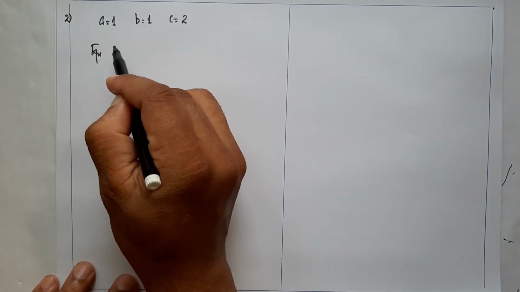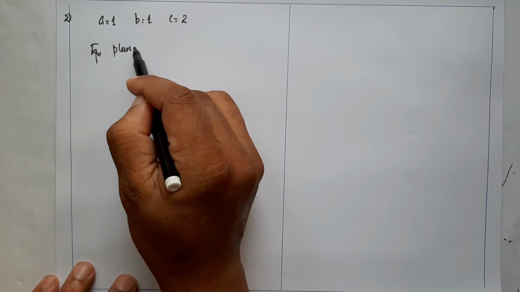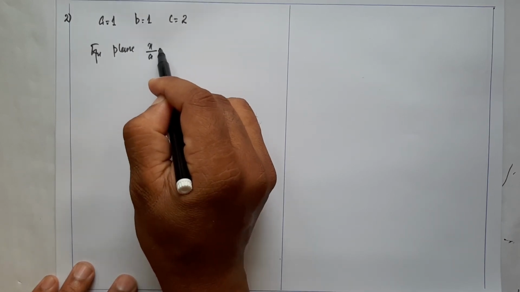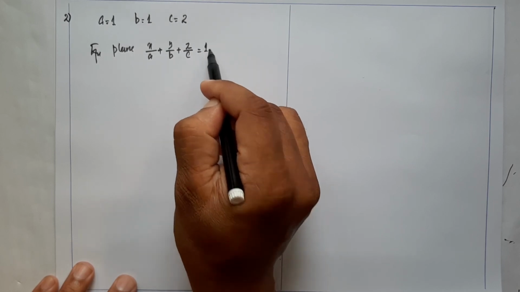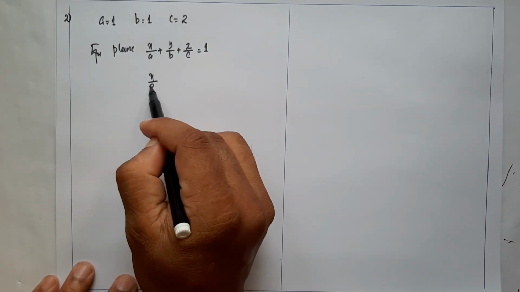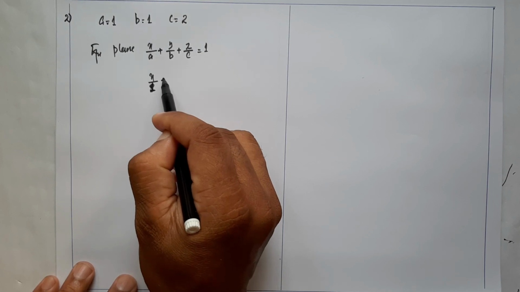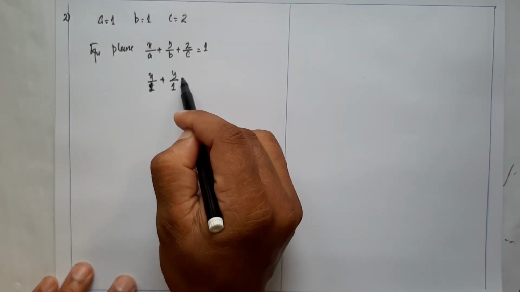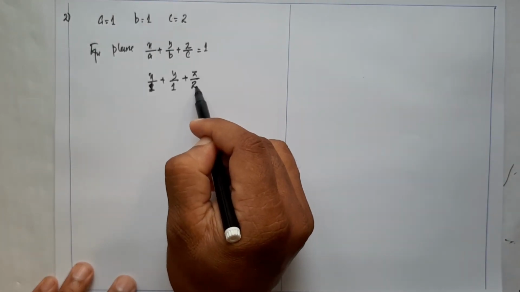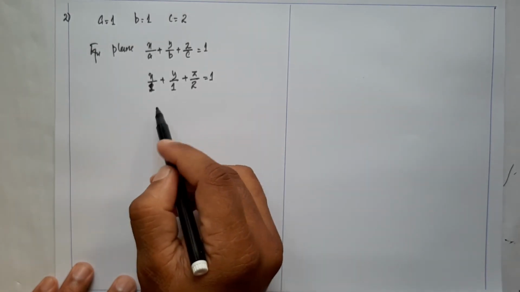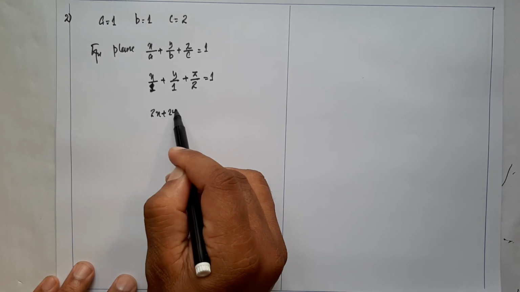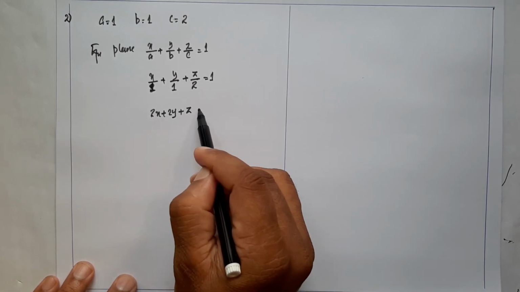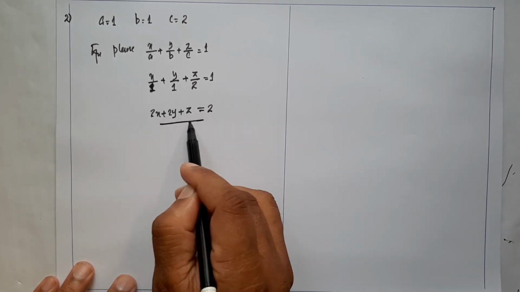You know the equation: x by a plus y by b plus z by c is equal to 1. That is x by 1 plus y by 1 plus z by 2 is equal to 1. Here the LCM is 2. It is 2x plus 2y plus z is equal to 2, which is the equation.